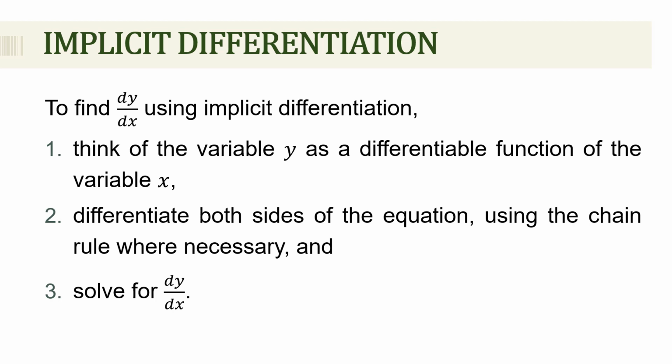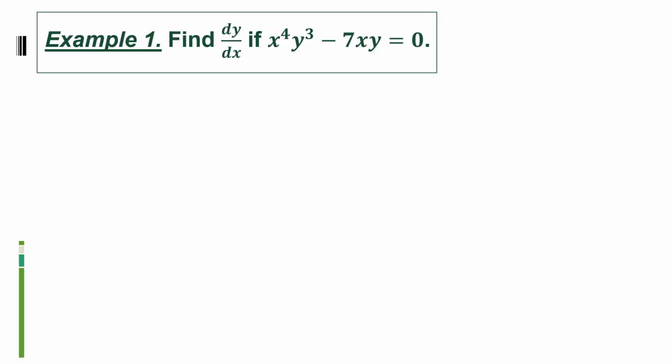Pero, every time na kukunin mo yung derivative ng y mo, kailangan mag-multiply ka ng dy over dx. And then, after which, lahat ng dy over dx na yon, pagsamasamahin mo, at hahanapin mo yung kanyang value. So, para maintindihan ninyo, let's have some examples.